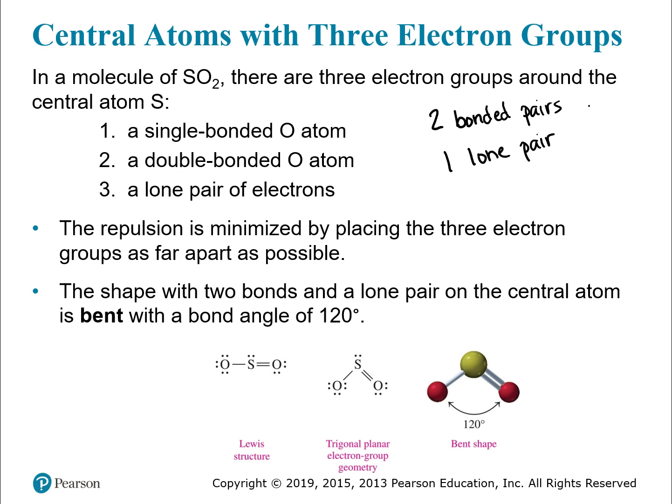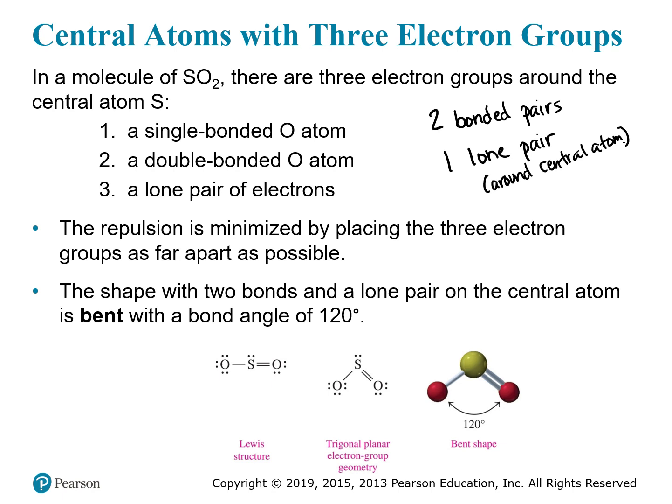The lone pairs are just the lone pairs around the central atom. Those electrons have to be somewhere too, and they're going to contribute to the repulsion between the different electron groups, so the bonded pairs. You've got to place these as far apart as possible.